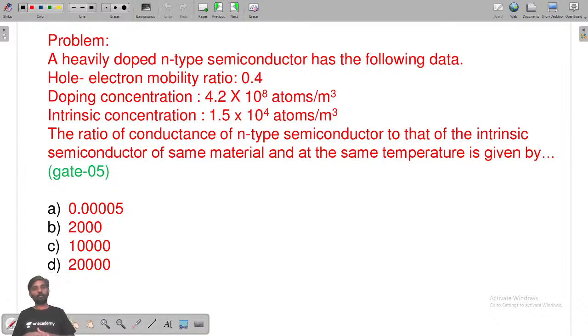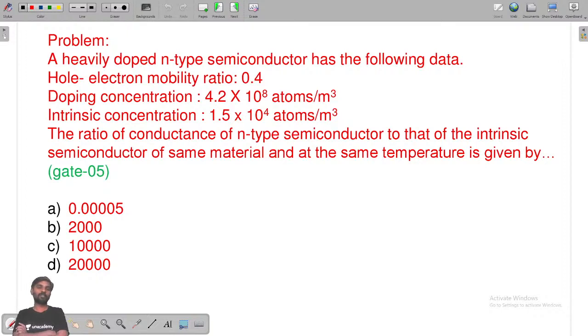A heavily doped N-type semiconductor has the following data. Hole electron mobility ratio 0.4.